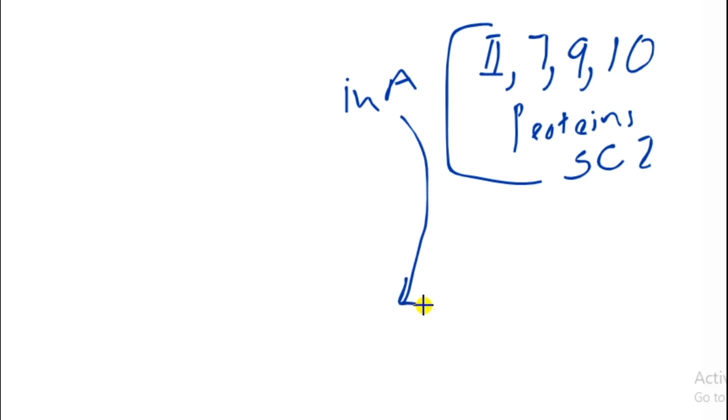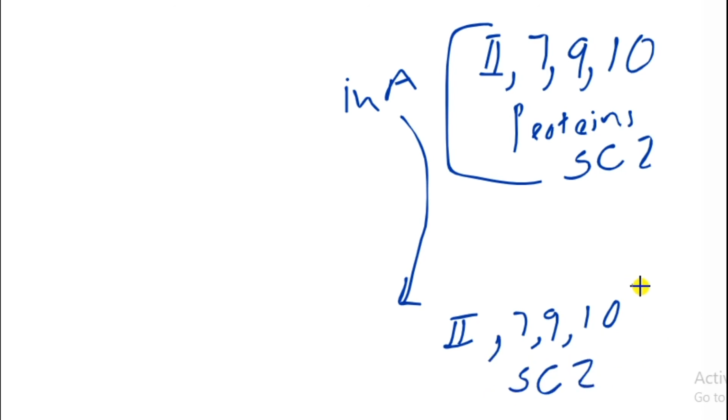They can be activated into 2, 7, 9, 10 and proteins S, C, Z become active with the help of the carboxylase enzyme.